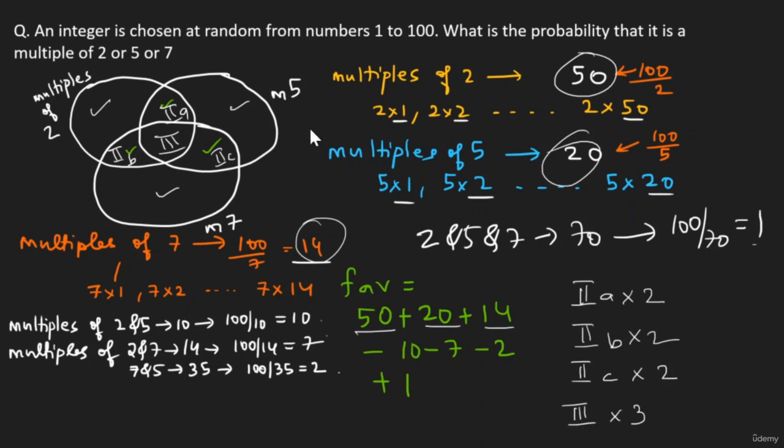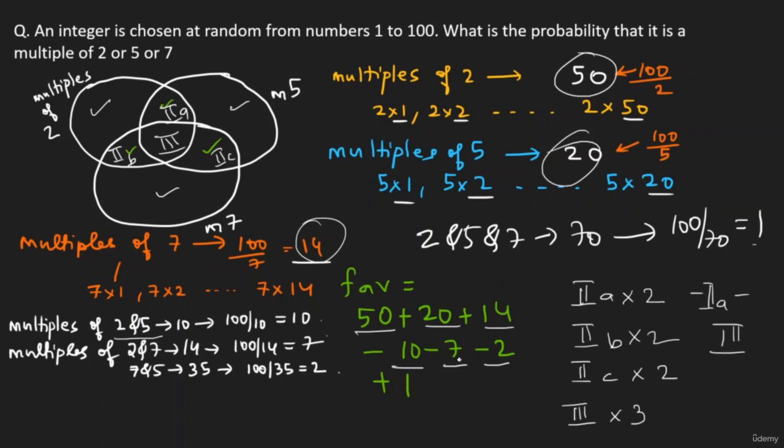Alright, now when we subtract 10, 7 and 2, what is it that we are subtracting? 10 is the multiples of 2 and 5, right? That would be this area over here, which is 2A plus 3, right? So we are subtracting 2A and we are subtracting 3.